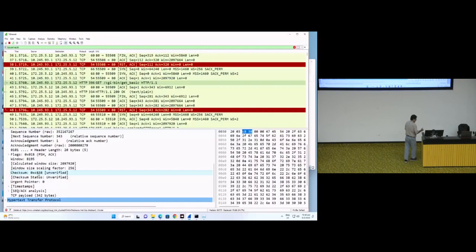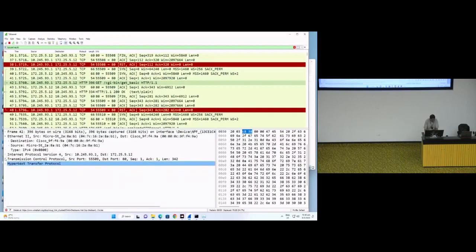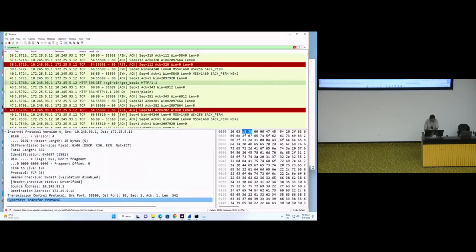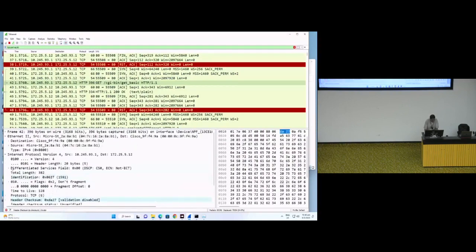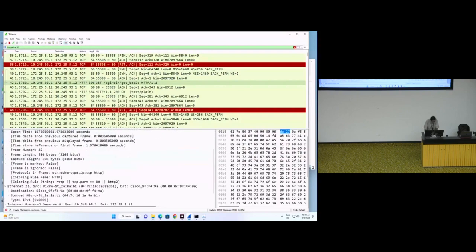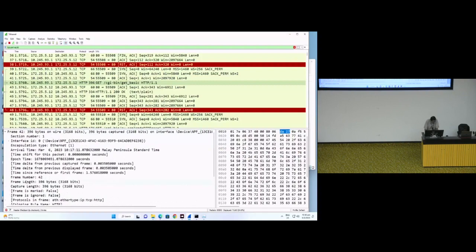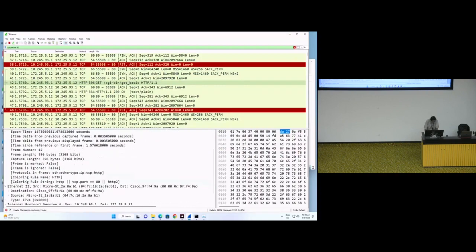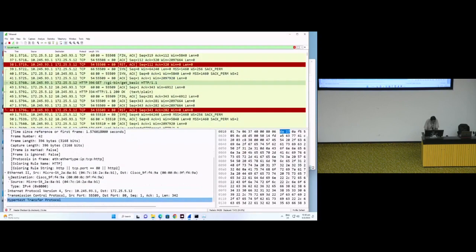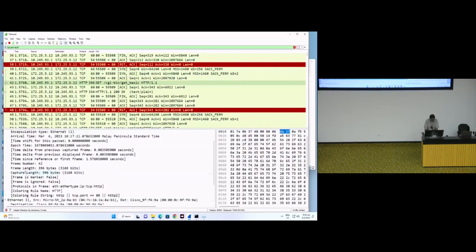And I didn't show you before, but we should be able to see the checksum here. So there it is here. And then we should be able to see the checksum here. Well, where is it? I don't know. Maybe it's here. This is interesting. This is framing. All right, we'll have to debug this.